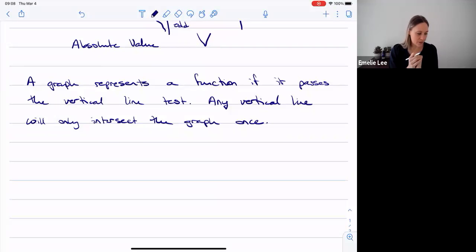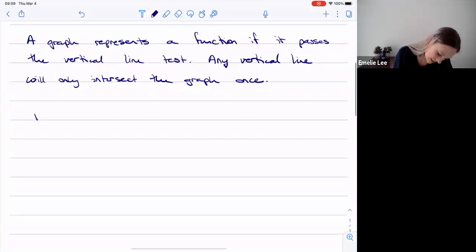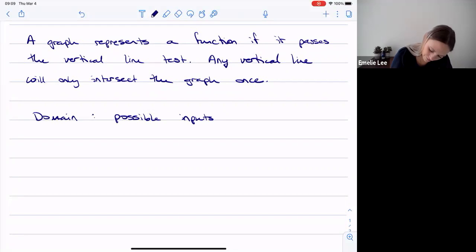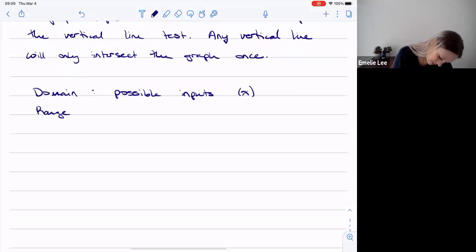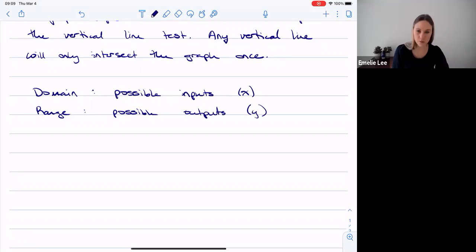And then we talked about the domain and range of a function. So the domain is the possible inputs, so possible values of x, and the range is the set of possible outputs, which would be y, and I should say y or f of x.